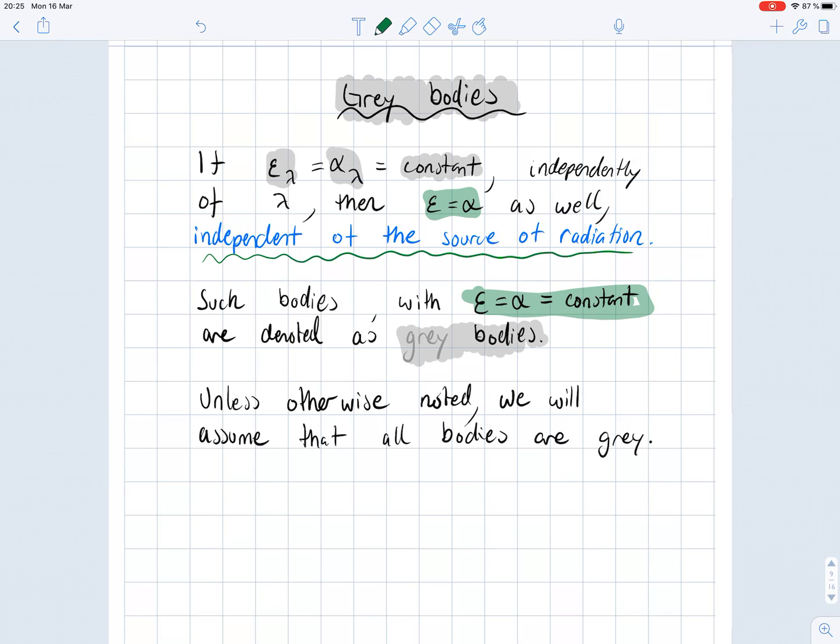So, to recap, black bodies have epsilon equal to alpha equal to 1. White bodies have epsilon equal to alpha equal to 0.